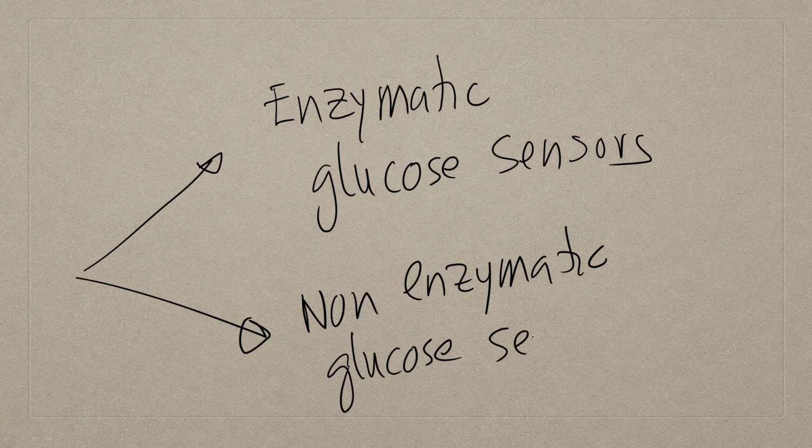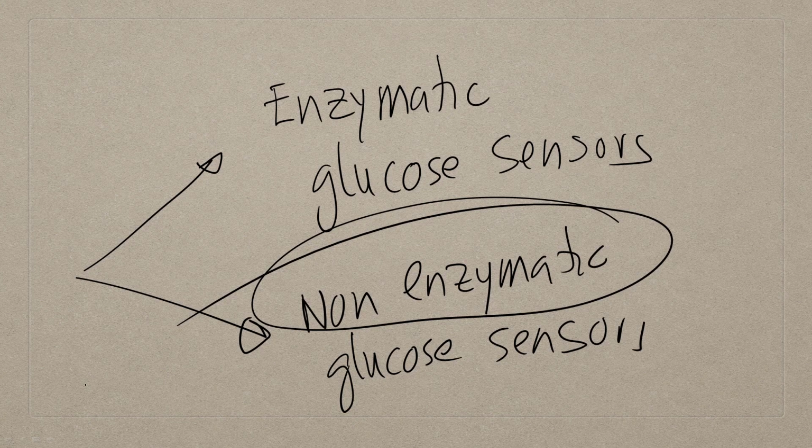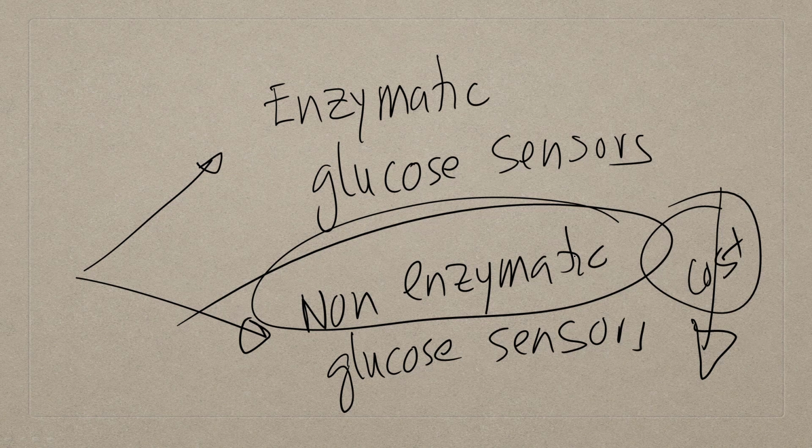So, the very moment it becomes non-enzymatic, there is a huge reduction in the cost, because you do not need that pure glucose oxidase anymore. You can detect it with an inorganic system.